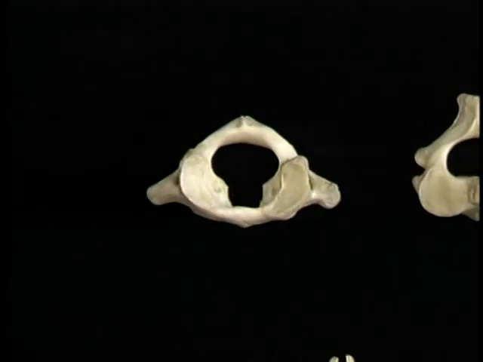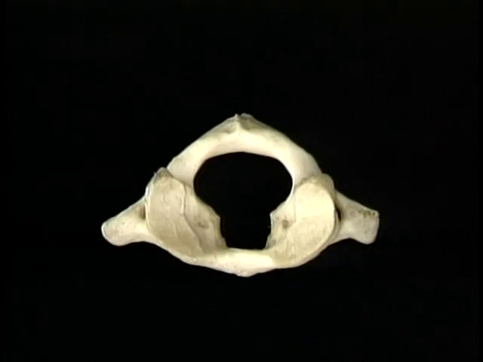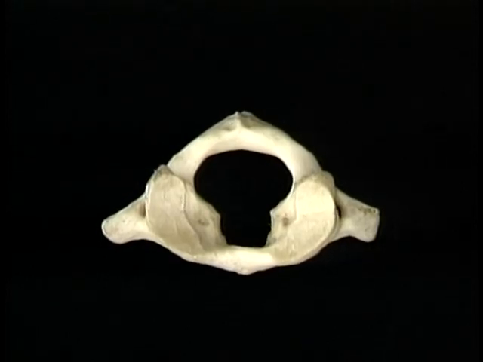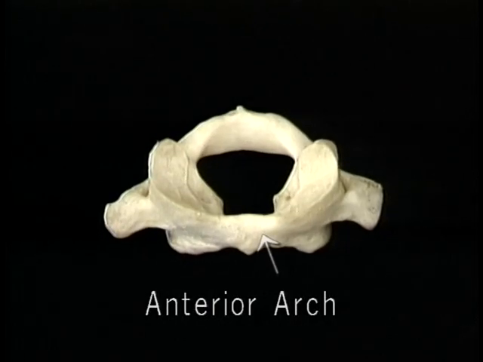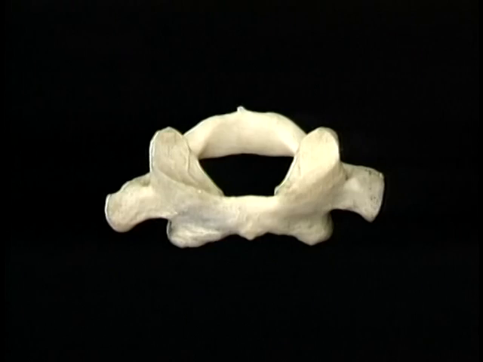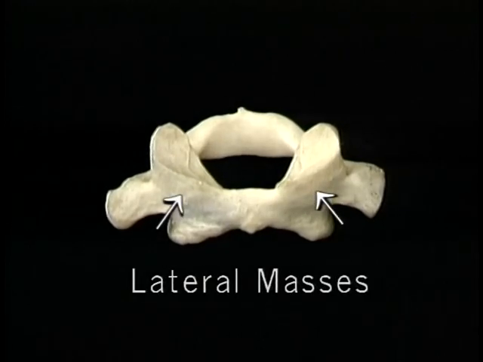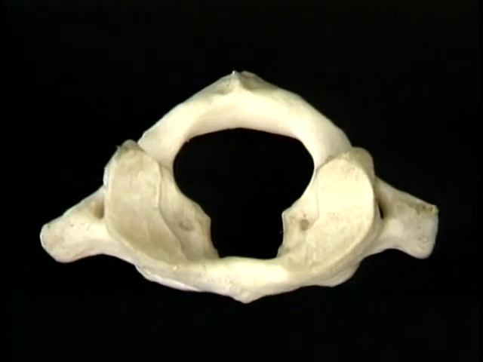Now let's look at ways in which the atlas and the axis are different. The atlas vertebra doesn't have a body. In front, it just has this narrow anterior arch, which matches the posterior arch. The two arches of the atlas, together with these two lateral masses, enclose an unusually large vertebral foramen.